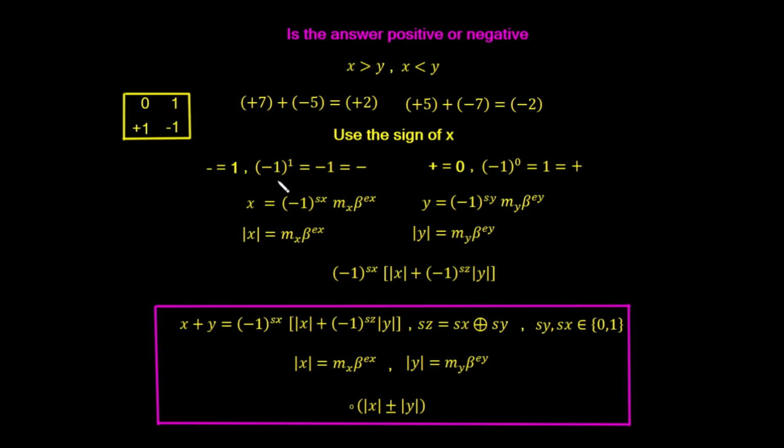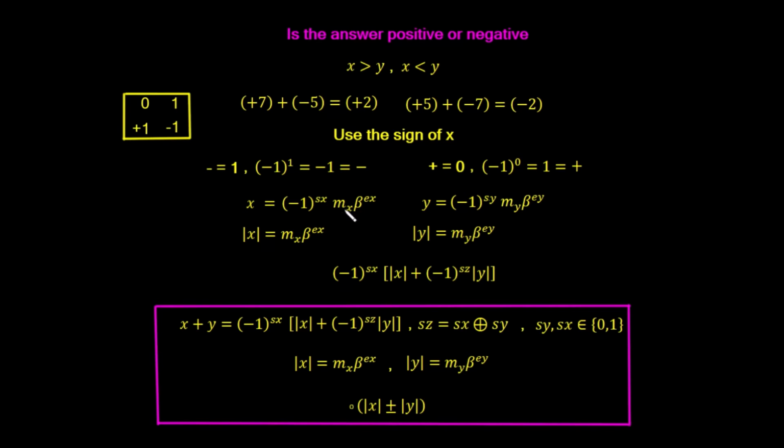So if we were to take our value for x and split it into the sign for x and the magnitude for x, then the sign for x here would be minus 1 to the power of sx, and y would be minus 1 to the power of the sign of y.